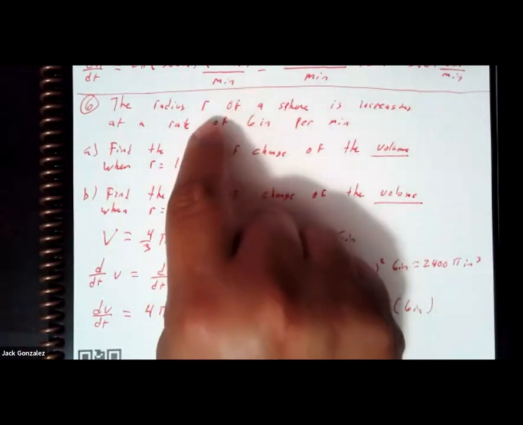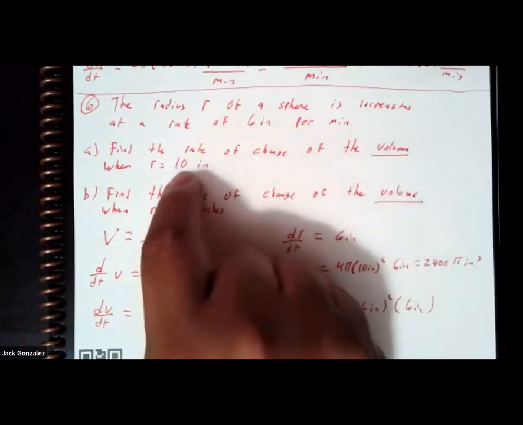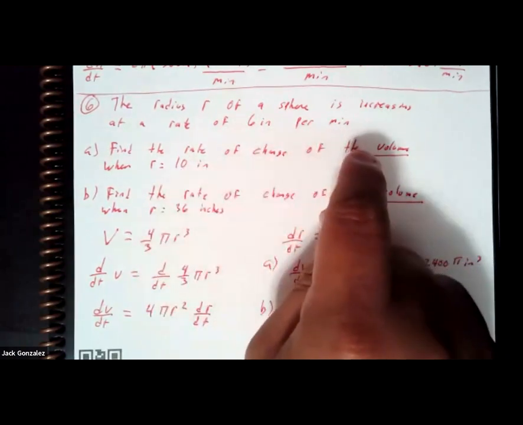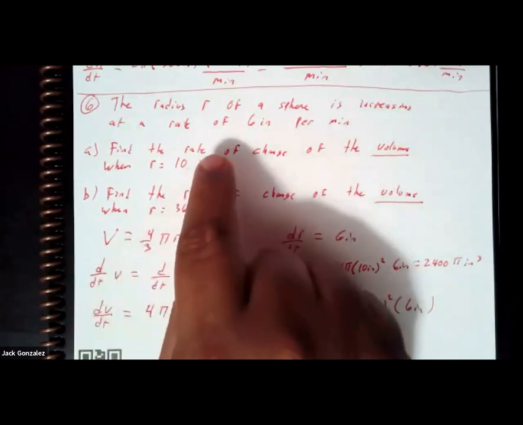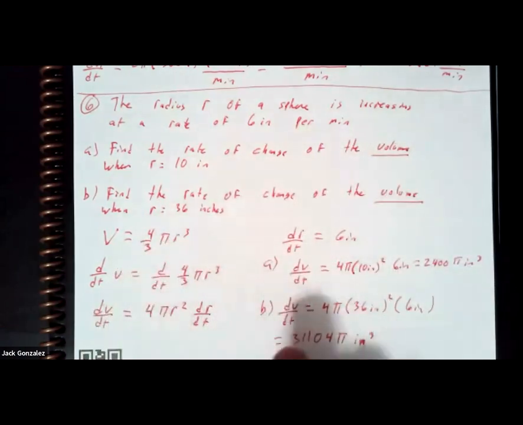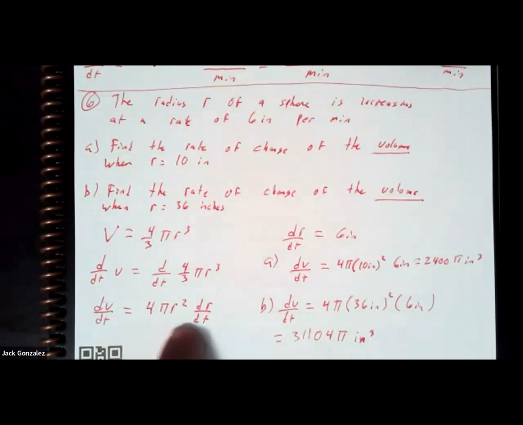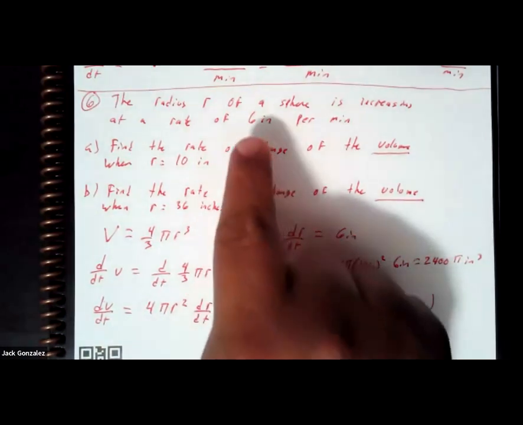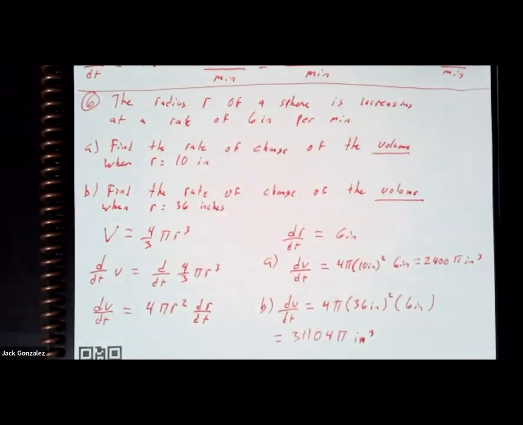Here, they gave me the rate of the radius changing, and said on part A, find the volume when your radius is this big. So I need dV/dt to find the rate of change of the volume. That's why I took the derivative, got to here, and now I just plug in the numbers given in part A and the question. In a nutshell, that's all we're doing.